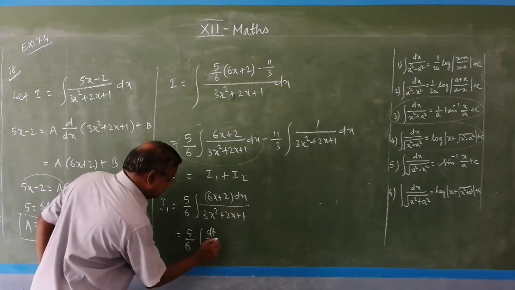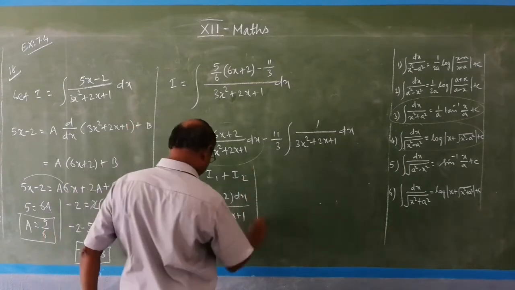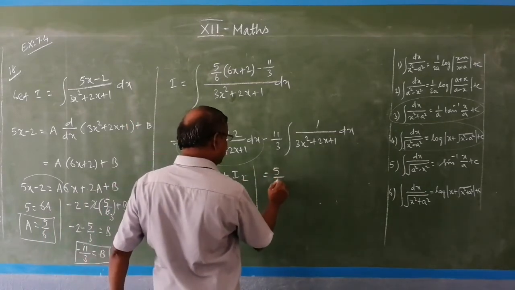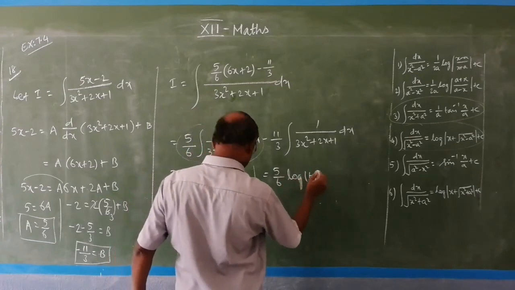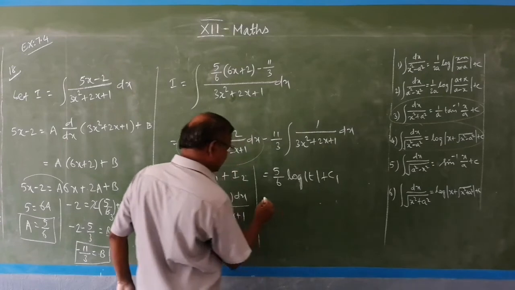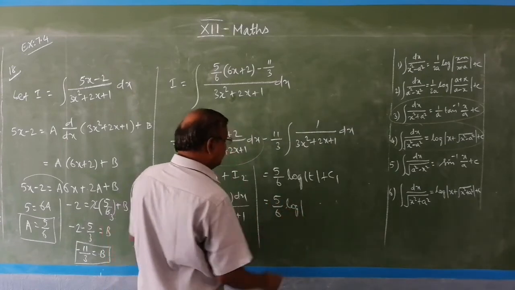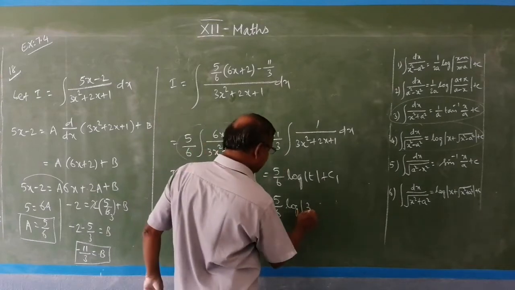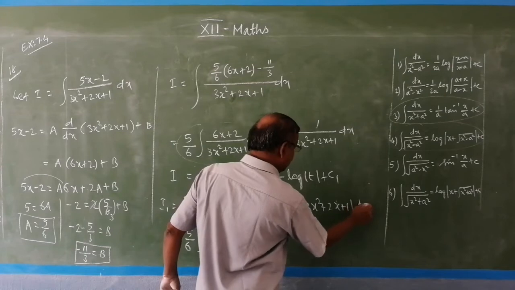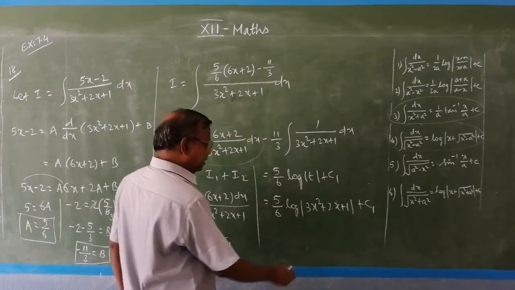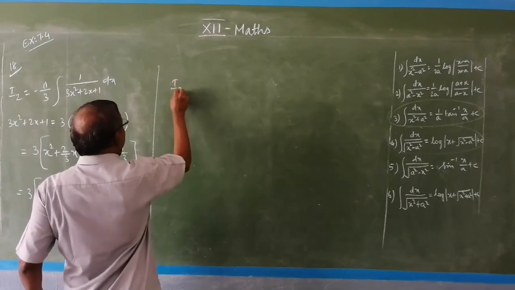So it is 5 by 6 into integral dt by t, which is 5 by 6 into log of modulus of t plus c1. That is equal to 5 by 6 into log of modulus of the denominator, that is 3x square plus 2x plus 1, plus c1. So this is I1.